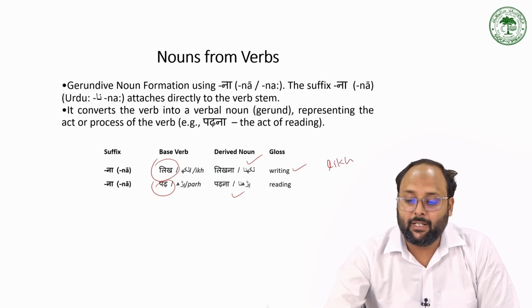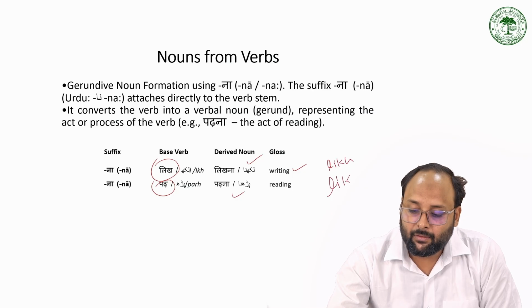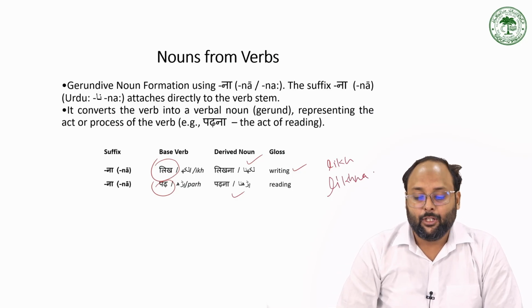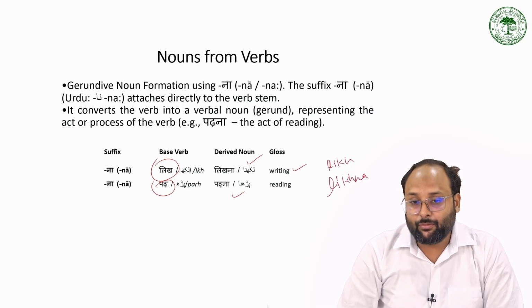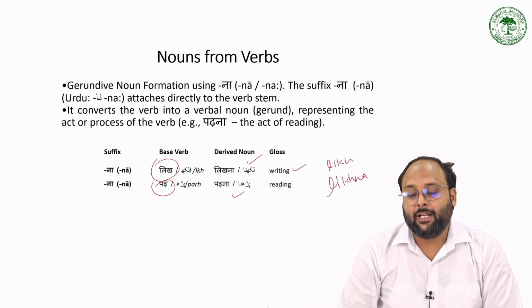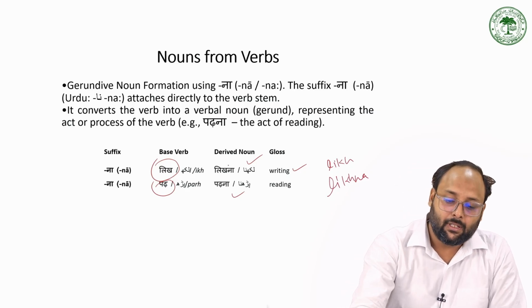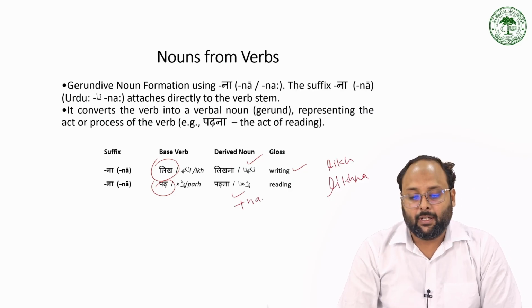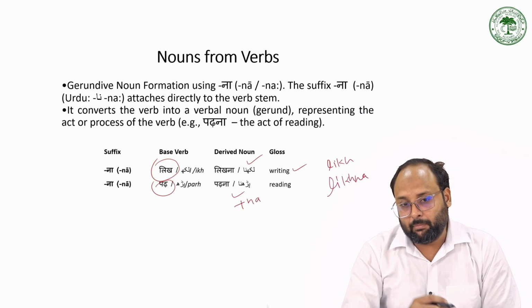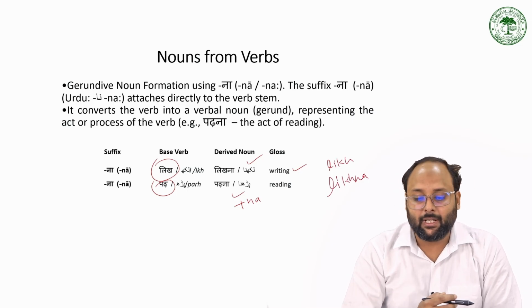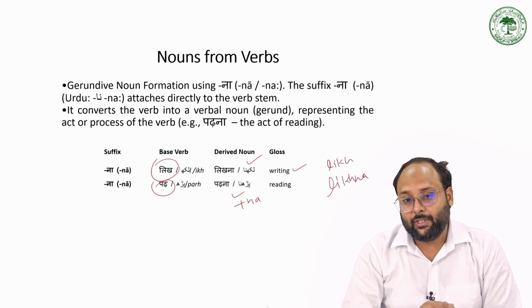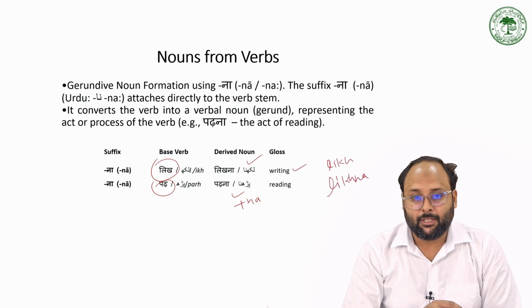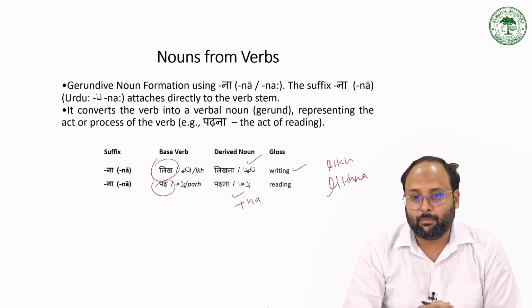So it is likhna; we are not saying likh, padh. Likhna and padhna are the actual forms of the verb which occur in the language with the infinitival na. But likhna and padhna are also nouns. They function as a noun in some sentences, meaning the verbal noun or the gerund.